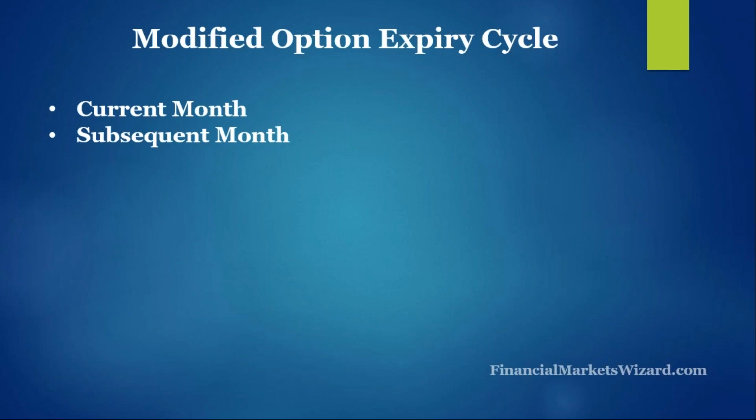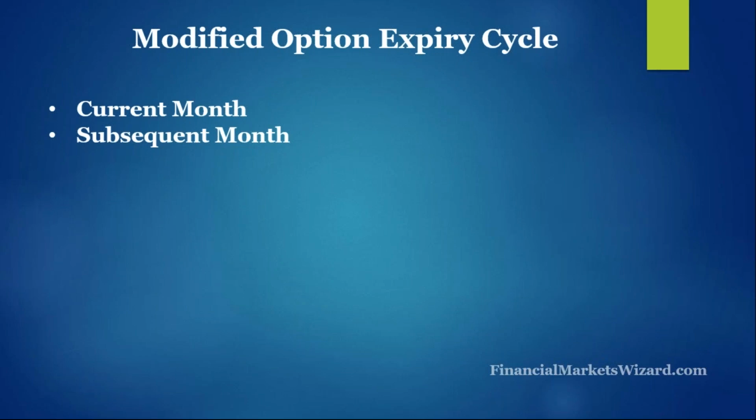So that's done. Once August expires, September will start, so we already have September. Then October will be added if it is not listed. October will be listed the next trading day after expiry.